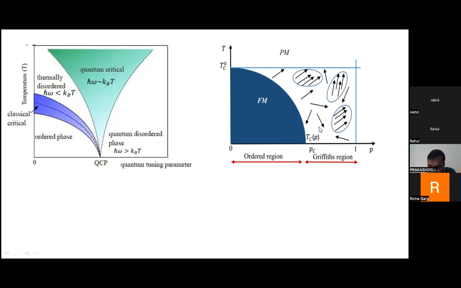This phase was predicted by Griffiths, and that is why it is known as the Griffiths phase. When a ferromagnetic material undergoes a phase transition, it never immediately gets into the paramagnetic phase. Before that, it goes through this unique phase known as the Griffiths phase.